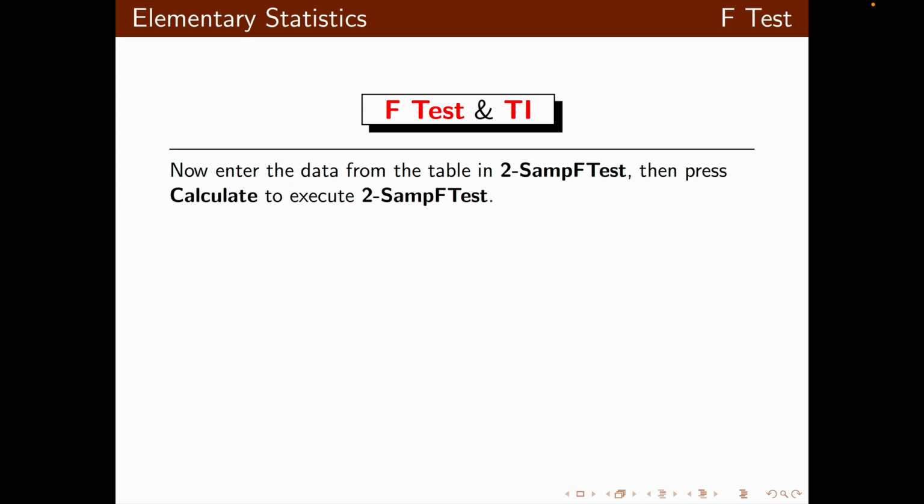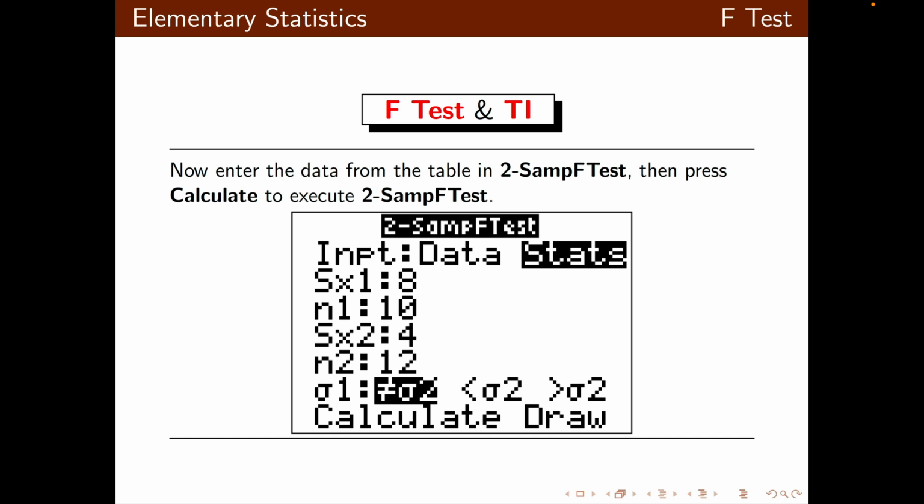We enter the data from the table into 2-SampFTest and then press calculate to execute. So input stats, S1, N1, S2, N2. And since we're doing a two-tail test, sigma 1 not equal to sigma 2, and then we press calculate.